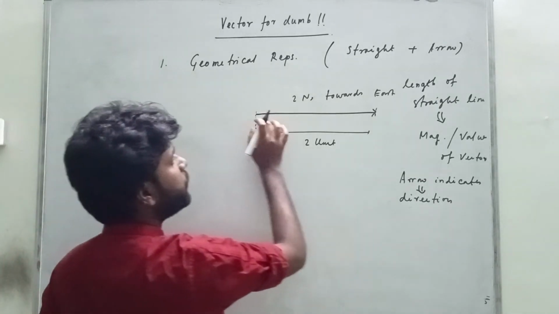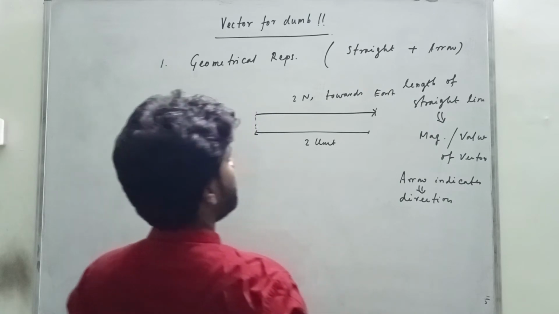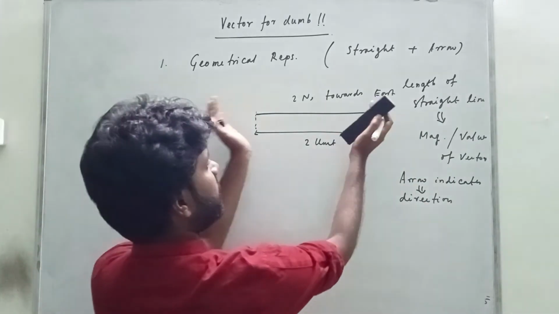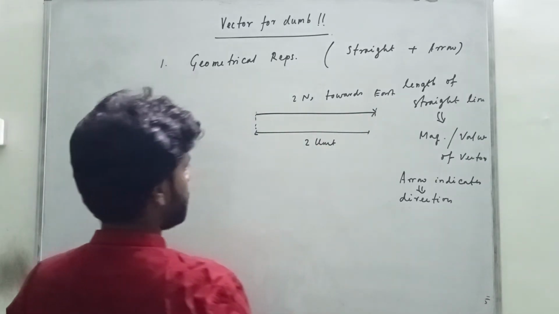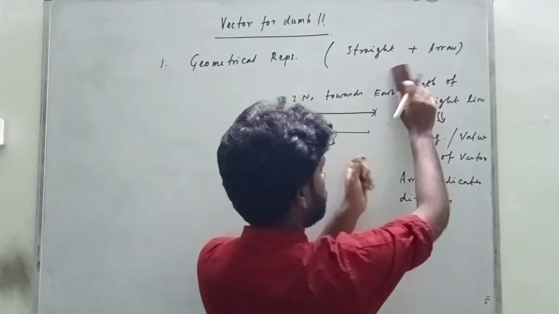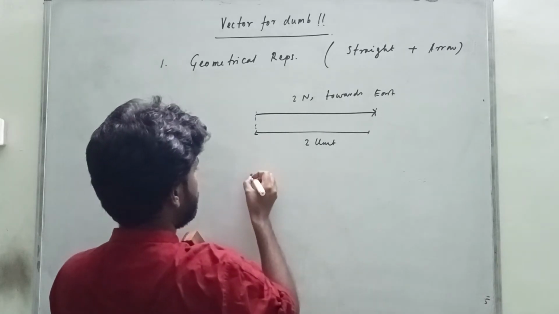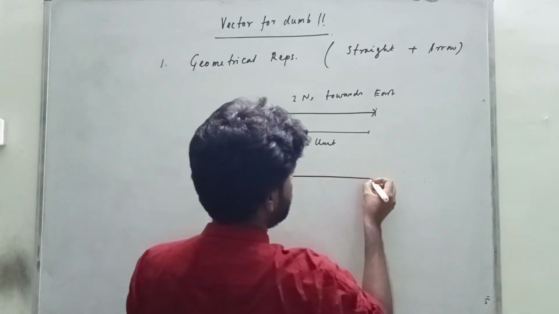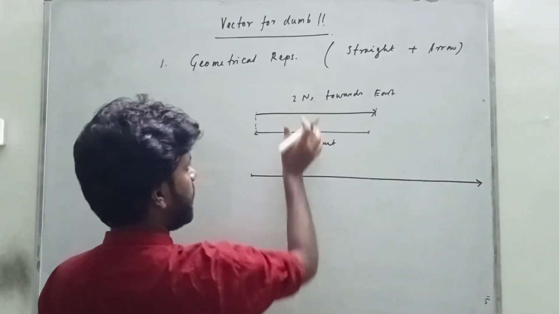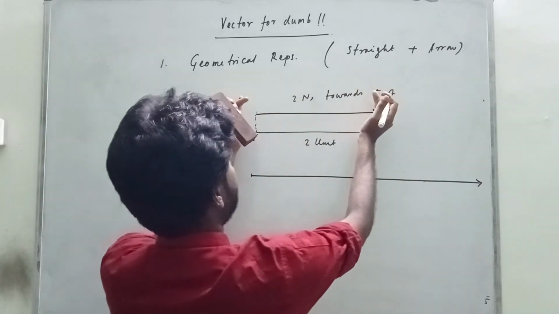If it is a 2 Newton force towards east, and I double it, I mean if I make that straight line twice its length, the length of this straight line goes double from here.